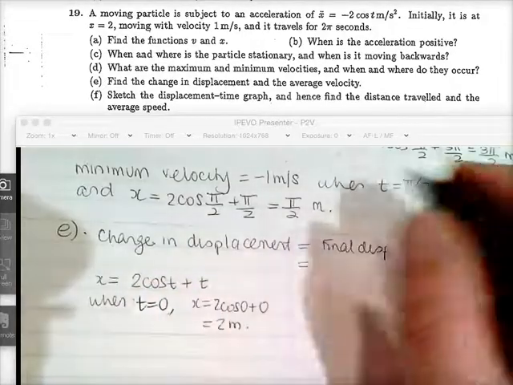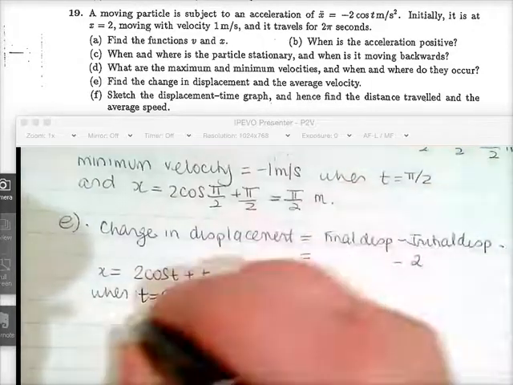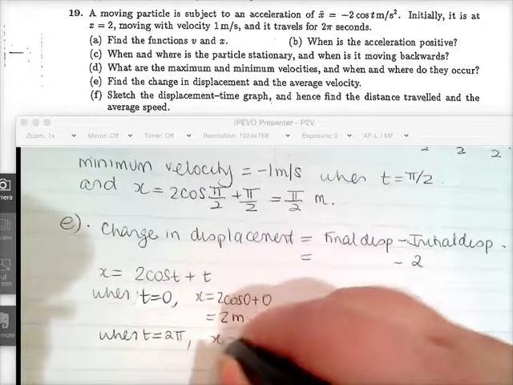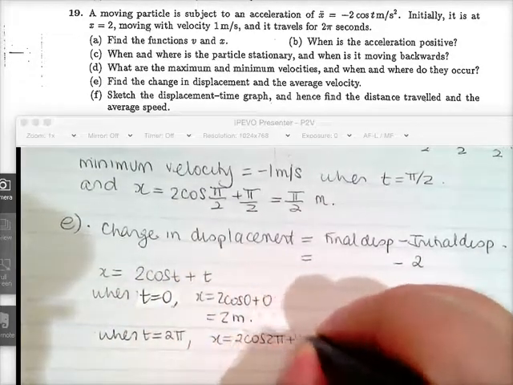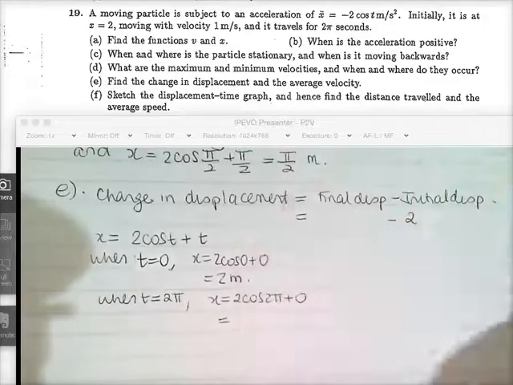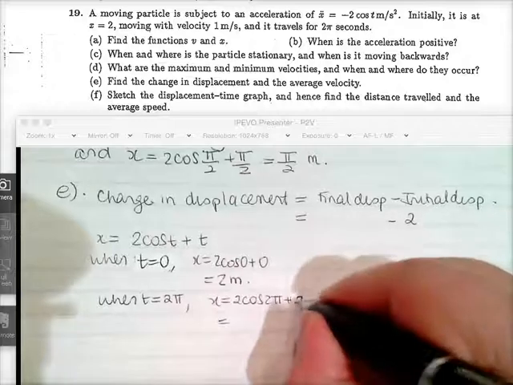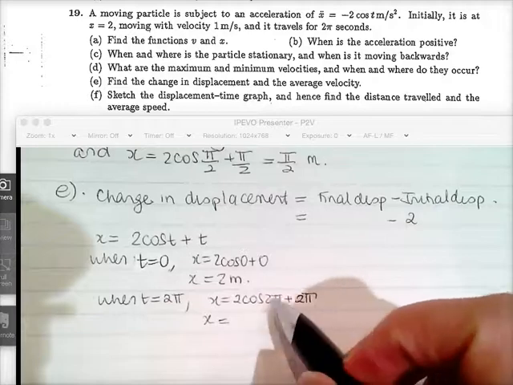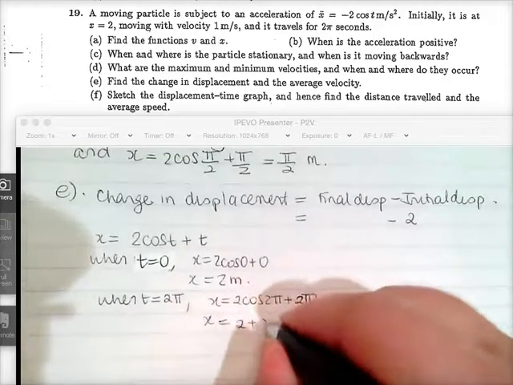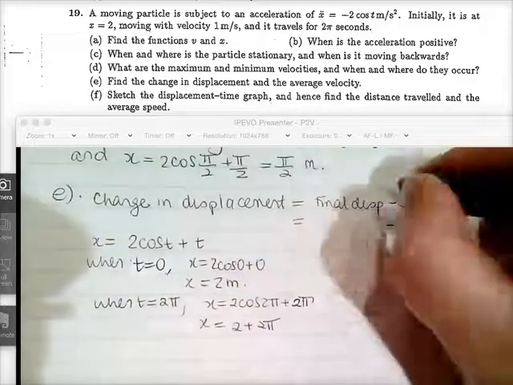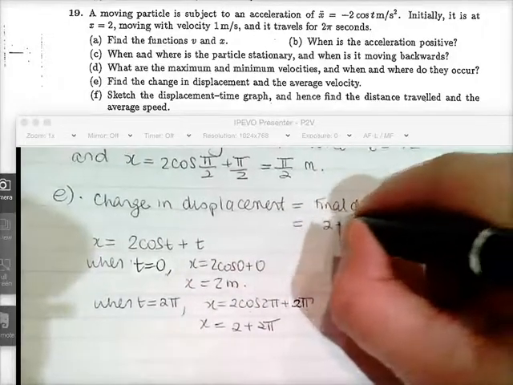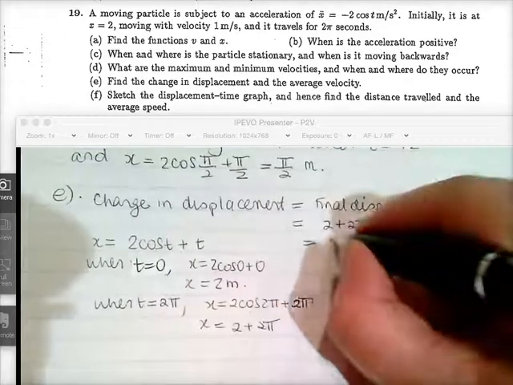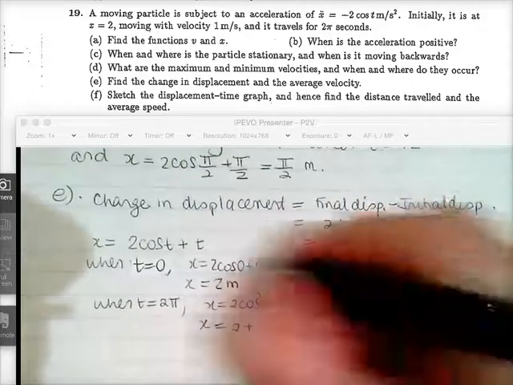And the particle travels, we were told in the question, for 2 pi seconds. So when t equals 2 pi, x equals 2 cos 2 pi plus 2 pi. Now cos of 2 pi is 1, so it's 2 plus 2 pi. So therefore the final displacement is 2 plus 2 pi minus the initial displacement of 2, which gives us a change in displacement of 2 pi meters.